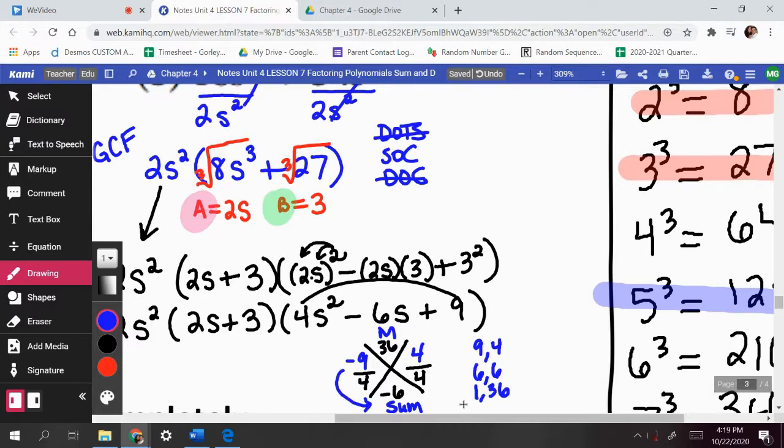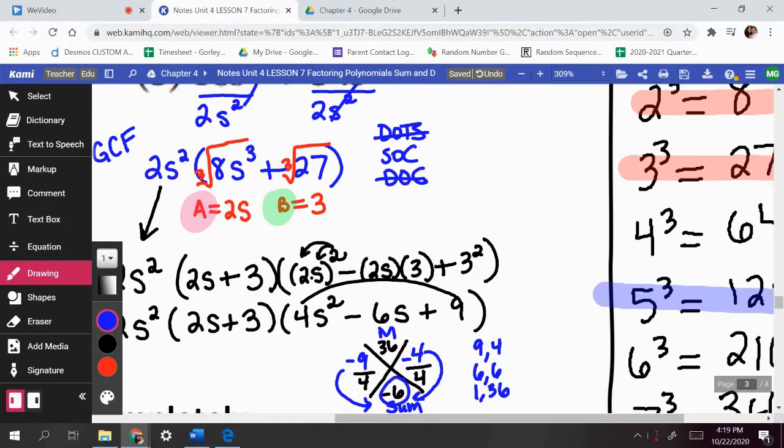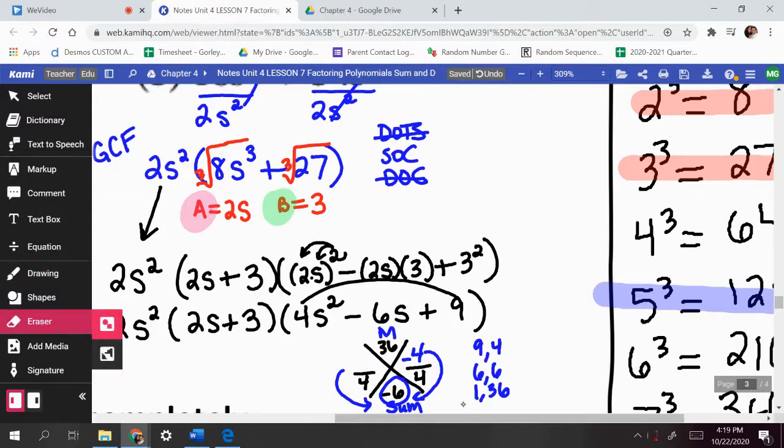That's the only way I can get it to sum to -6, though, is if I did -9 and positive 4. If I made them both negative, then we'd run into a problem, because I wouldn't end up with a -6. I would have negative 13. So that doesn't work.